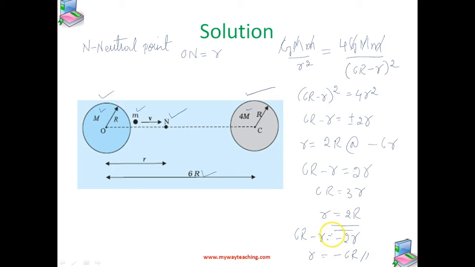Okay, so the neutral point r equal to minus 6r does not concern us. So here we are neglecting this one and taking only r is equal to 2r.